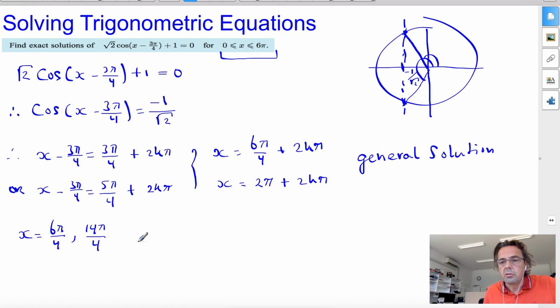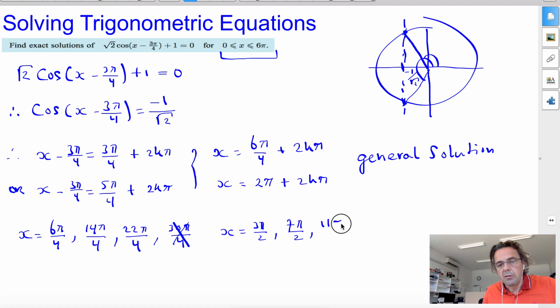So there's the next solution, which is still within 0 to 6 pi. The next solution is 8 pi over 4 further along, so that's 22 pi over 4, which is still below 6 pi. And then the next one is 30 pi over 4, but 30 pi over 4 is more than 6 pi, so this is not a solution anymore. Simplify: 3 pi over 2, 7 pi over 2, and 11 pi over 2.